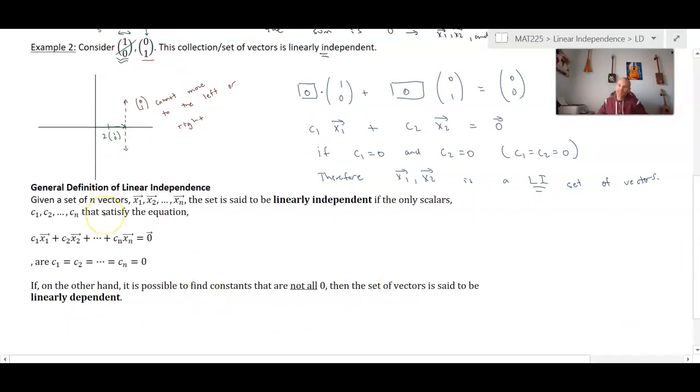And now we'll look at this definition. You notice that this definition is really just an extension: these vectors don't have to be in 2 dimensions, and there don't have to be just 2 or 3 of them, there could be 30 of them. So given a set of n vectors, which could be 10, 20, 30, we list them out as x1, x2, dot, dot, dot, all the way up to xn.